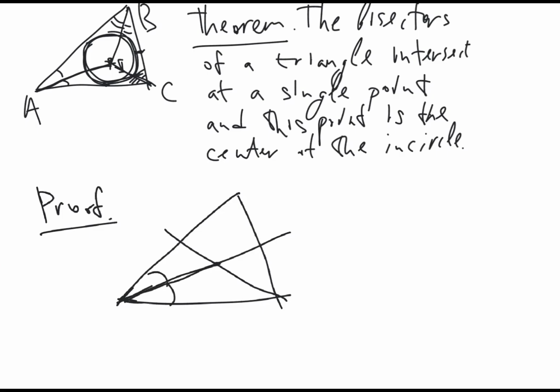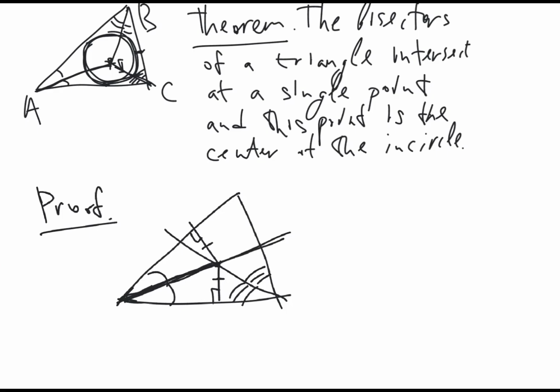So this is a bisector and this is a bisector. What is this point? This point is at the same distance from this side and from this side, from what I just proved, because it lies on this bisector.